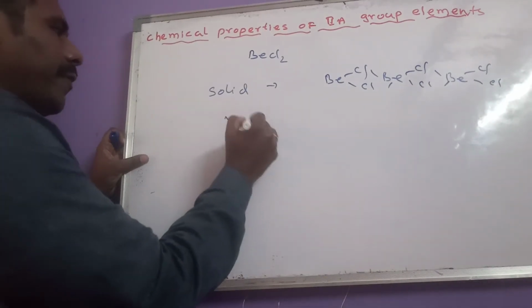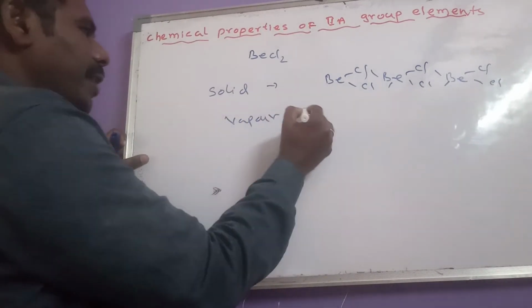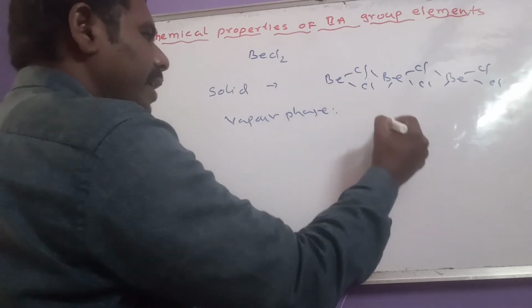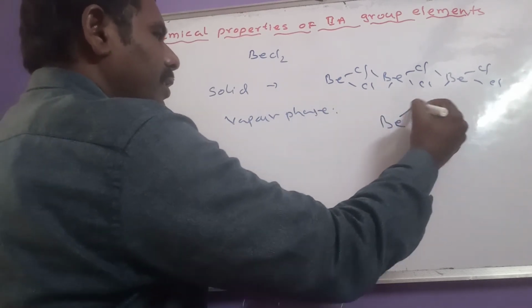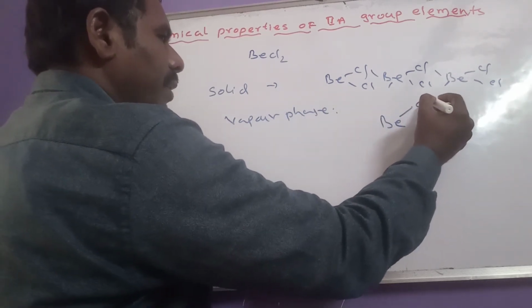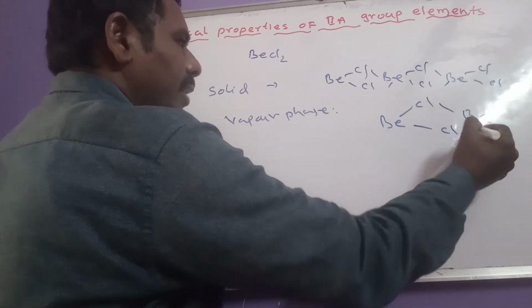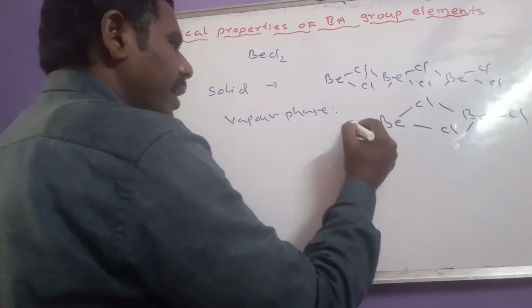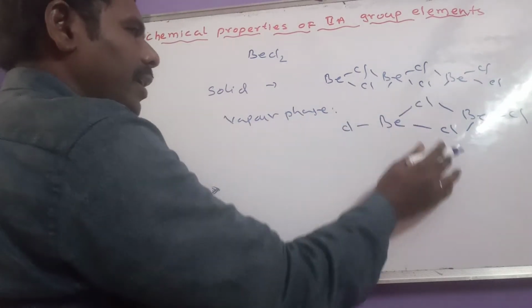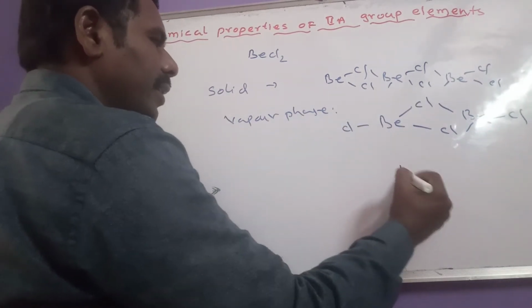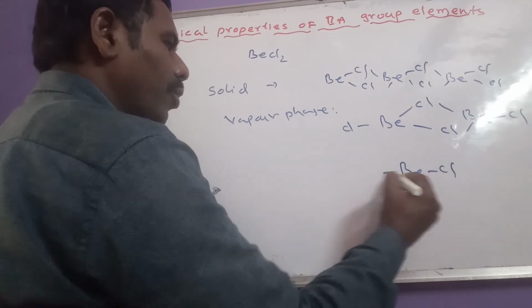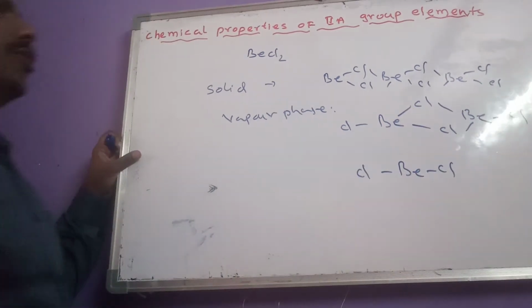But in vapor phase it exists as a dimer. So we can draw the structure of a dimer like this. Beryllium chloride exists as a dimer. So this is the dimeric structure. And on thermal heating, it dissociates into monomer BeCl2.